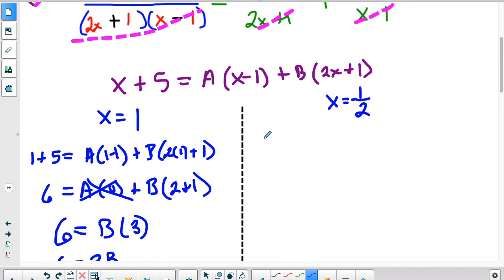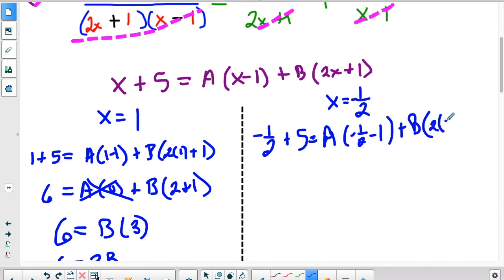Now we're going to solve for a. So I'm going to plug negative 1/2 in. Negative 1/2 plus 5 is equal to a times negative 1/2 minus 1 plus b times 2 times negative 1/2 plus 1. Well, negative 1/2 plus 5, we could plug this into a calculator.